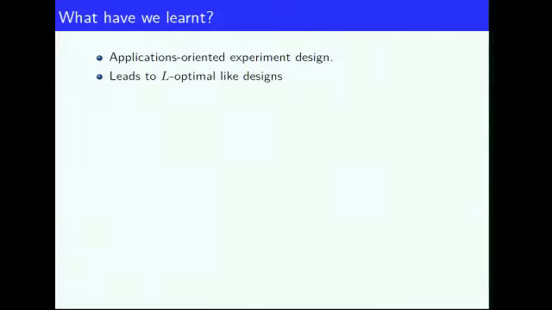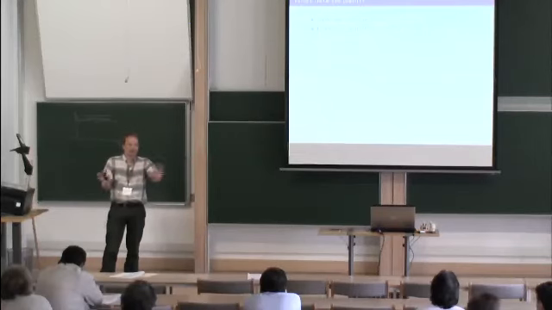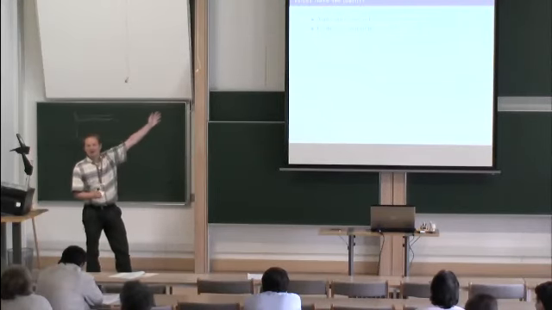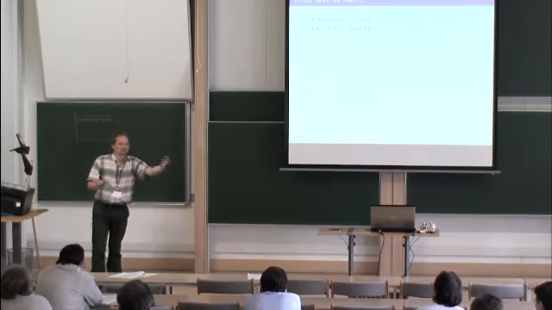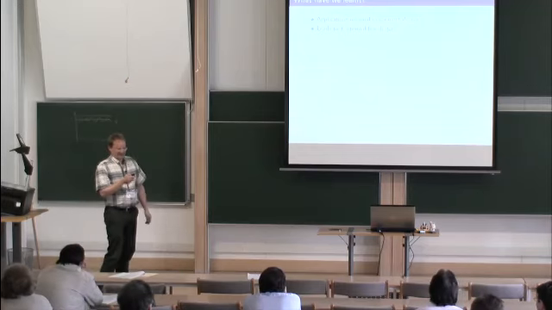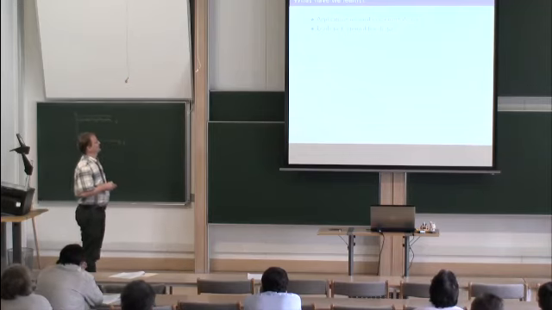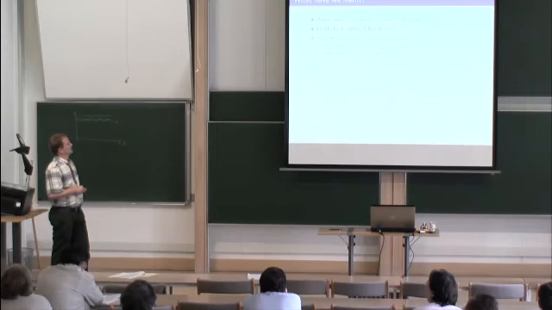Probably you already think that. And it leads to this L-optimal-like design. So of course my hope is that you will move from D-optimal and A-optimal to L-optimal. So please everyone say after me, L-optimal design. Well, I'm kidding, but I hope you have got some idea that this can be useful.